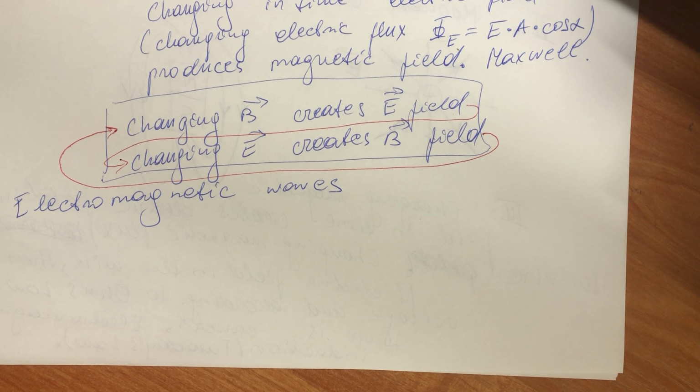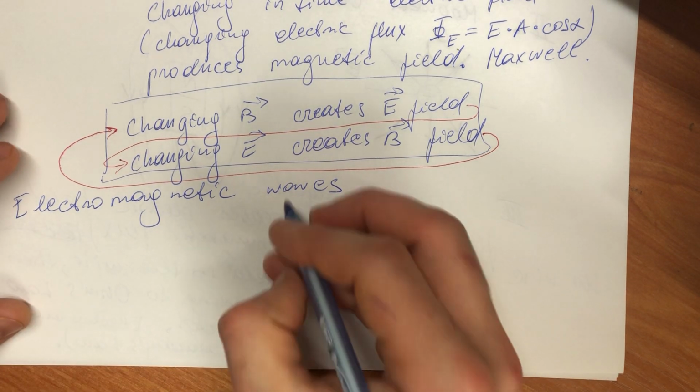Heinrich Hertz later discovered electromagnetic waves, and these electromagnetic waves can travel in space at the speed of light.